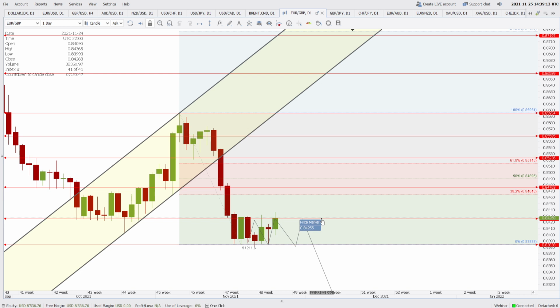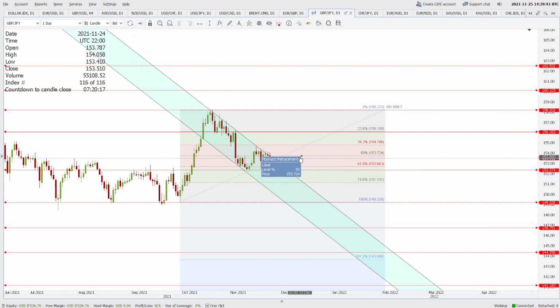If Euro GBP is able to manage a close above 0.8425 area, then 0.8476 will be exposed in this market, and it can be a start for the up move in the Euro GBP. But if you ask me from the intraday, 0.8425 is the resistance and 0.8383 is the support in this market. The next resistance is at 0.8476.